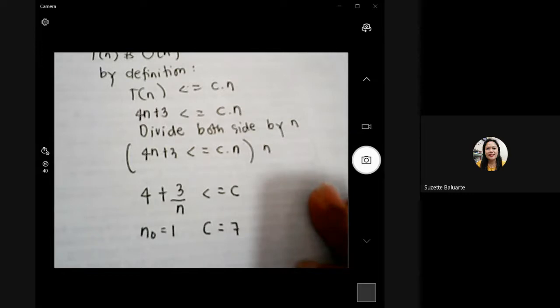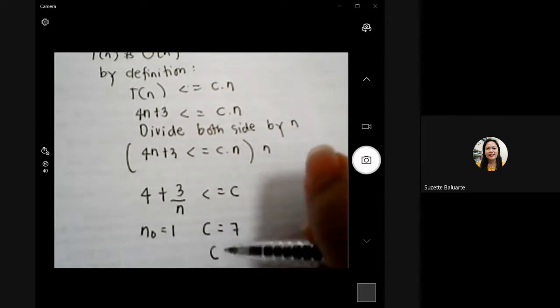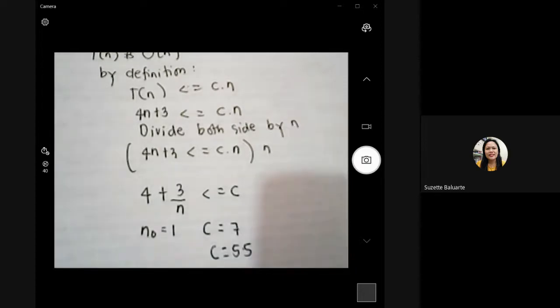3.5. How about others? 5.5. Okay, 5.5. So, as you can see, your c is 5.5. In other words, as the value of n increases, the value of c decreases.